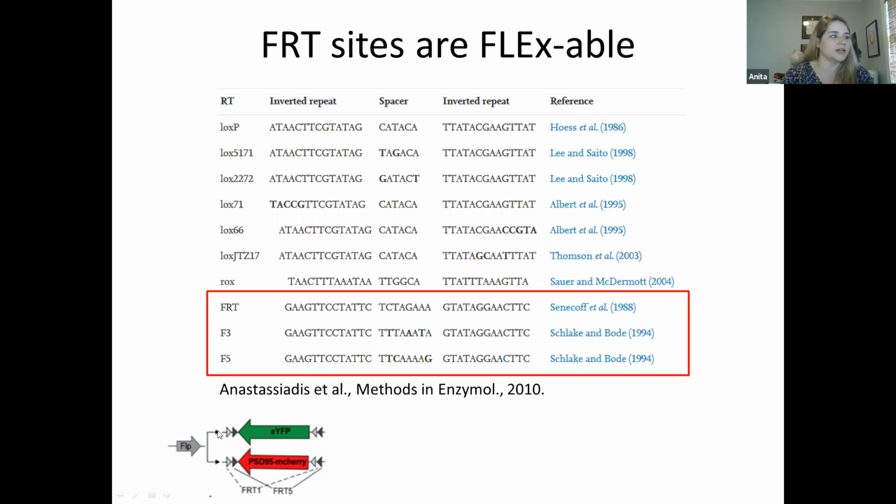So you can have different versions of FRT sites, and based on how that spacer is determines the orientation and which ones will pair up. So you can use FLP and FRT sites pretty much analogously to the way you would use Cre and loxP sites.